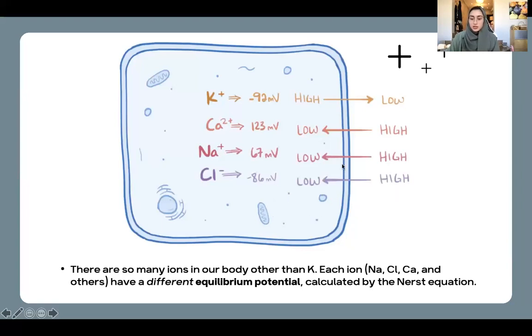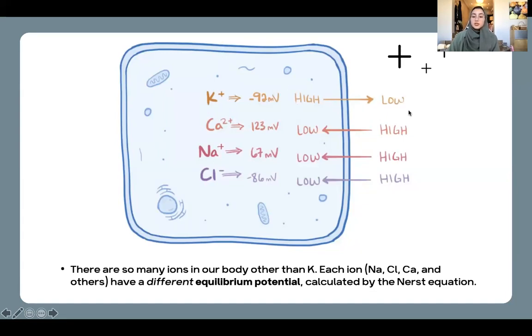And this again is calculated by something called the Nernst equation. Okay, so again, just to recap, every ion has its own equilibrium potential, which is where the amount going out of the cell is equal to the amount going into the cell, so long as this ion is permeable, right? Or it's able to cross the cell membrane. So for potassium, it's higher inside the cell.